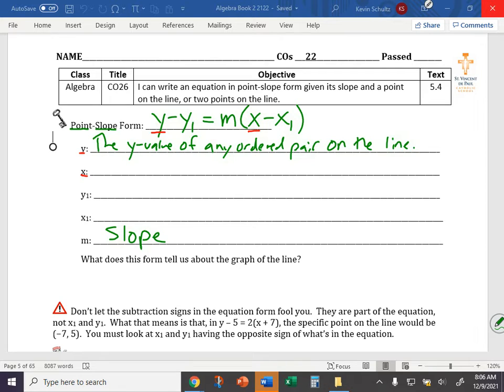The x variable represents the x value of any ordered pair on the line. Okay?